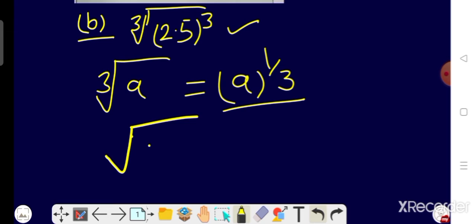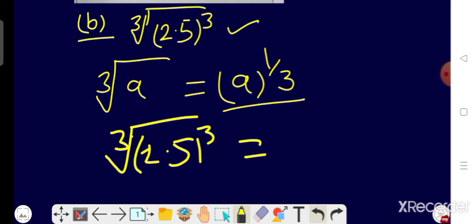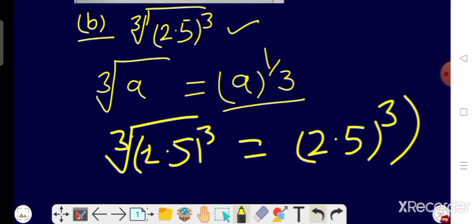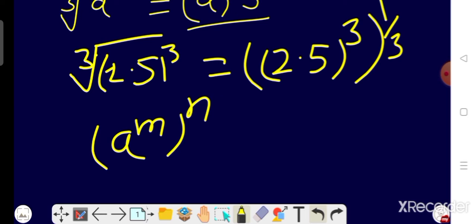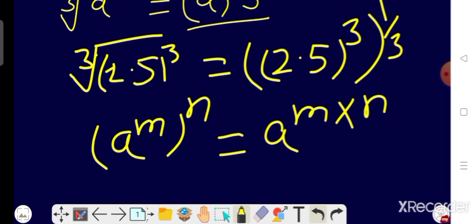So you can write the cube root of 2.5 raised to the power 3 as 2.5 raised to the power 3, and whole raised to the power 1/3. You know that if a raised to the power m, and whole raised to the power n, is equal to a raised to the power m multiplied by n.